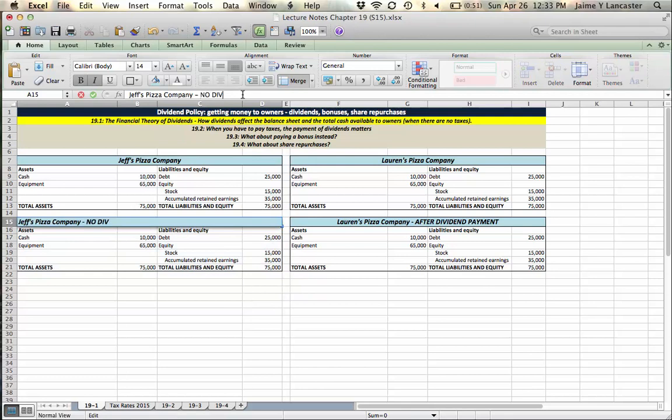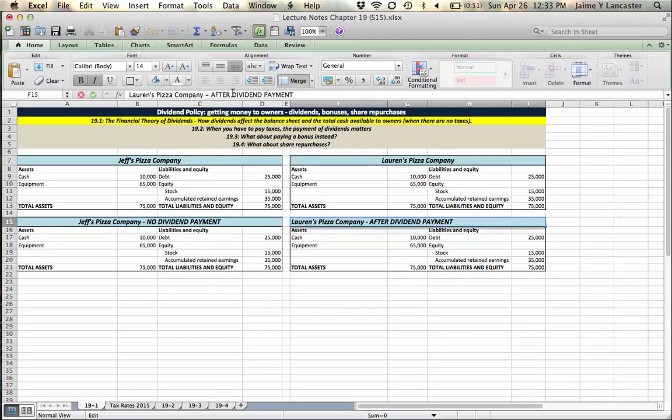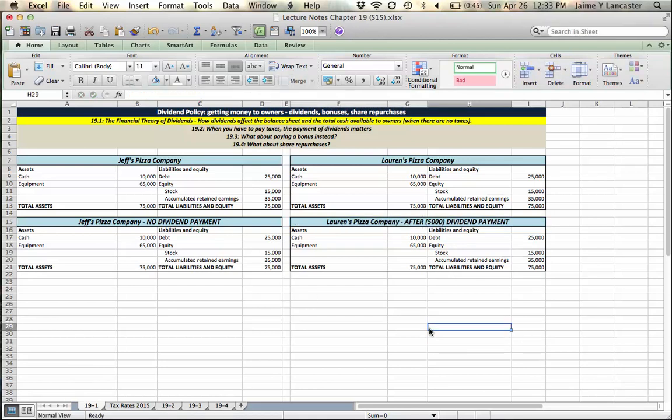He has no dividend payment. So let's let this dividend payment be $5,000. All right, so $5,000 dividend, where is it going to come from? It's going to come from cash.